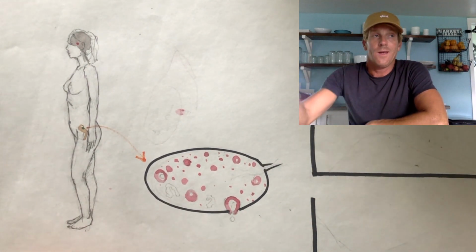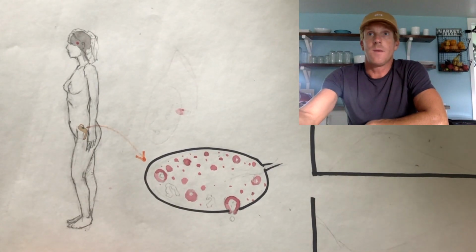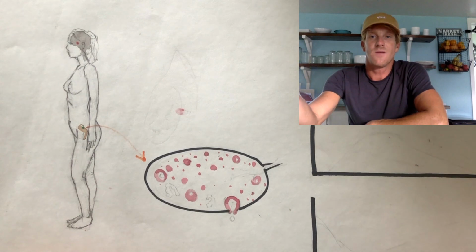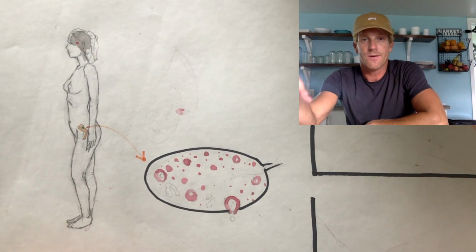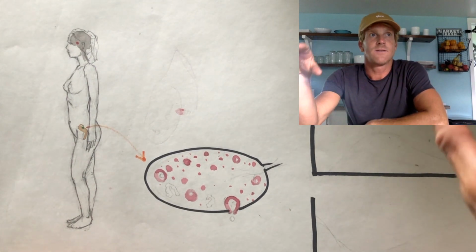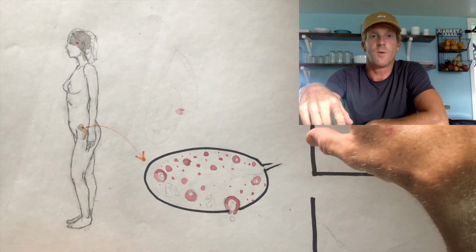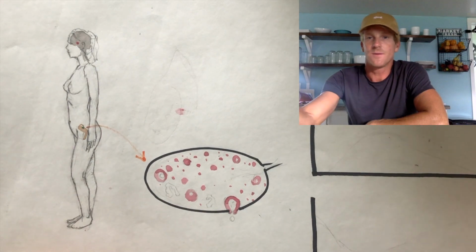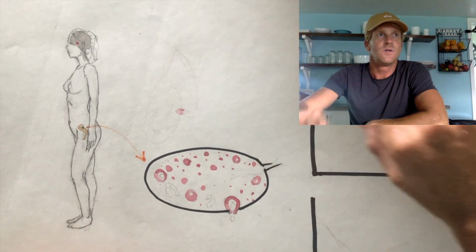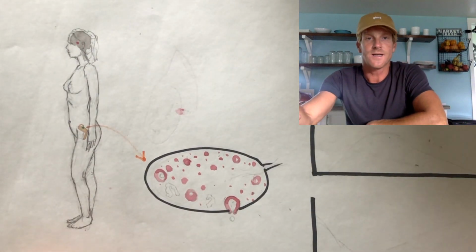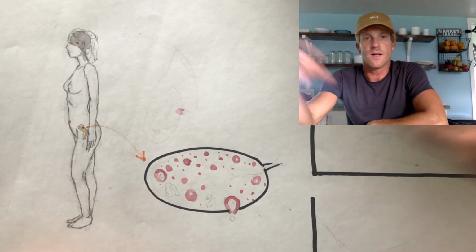In fact, when a female is a fetus early on in life, even before birth, there's going to be about 7 million immature eggs in that female fetus. By the time that female is born, that number of immature eggs has been reduced all the way down to about 2 million. And that's because a lot of these immature eggs, or oocytes is what they're really called, are constantly dying.